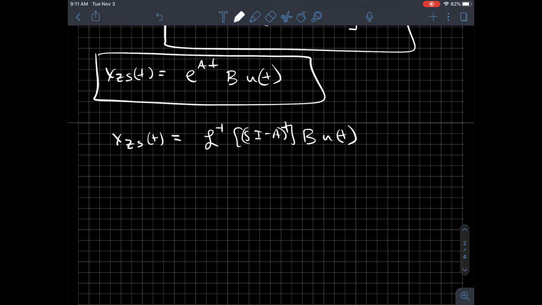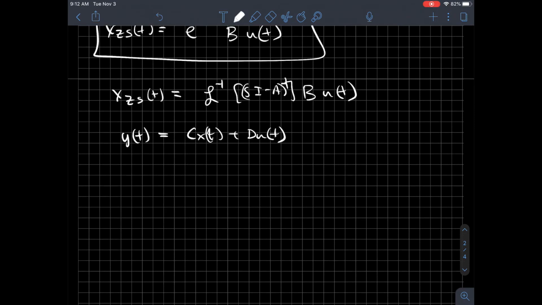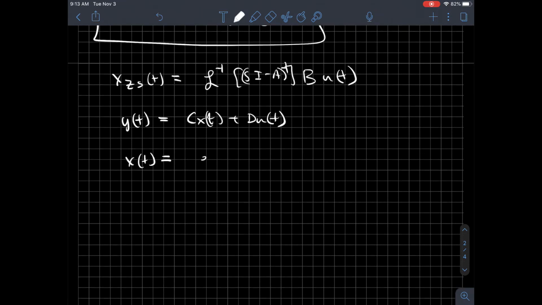Doing all of these proofs in detail is much more like graduate level control systems, and I'm trying to just provide an introduction. y of t, the output equation, says that C x of t plus D u of t is equal to y of t. I know that x of t is equal to e to the At x of 0 plus e to the At times B u of t.